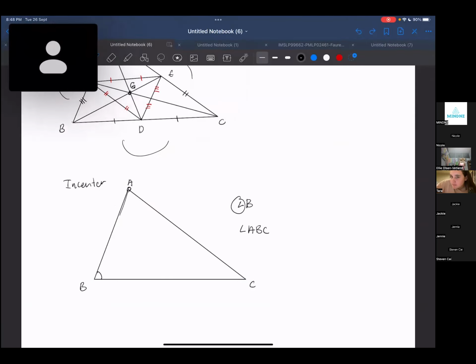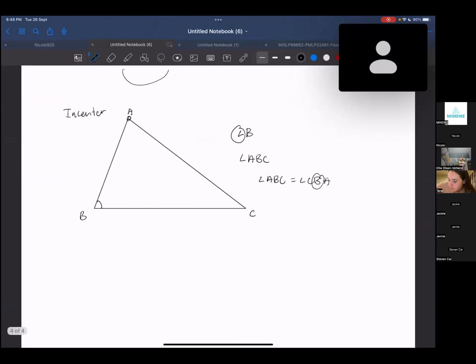In this notation, ABC would also be equal to CBA. So you just want the angle at the letter in the center.